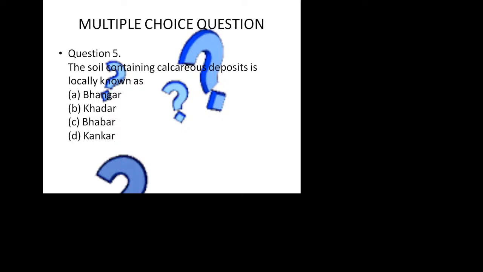Okay, correct. Uttar Pradesh is the right answer. Now the next question. The soil containing calcareous deposits is locally known as Bhangar, Khadar, Bhabhar or Kankar. The answer for this is Kankar.